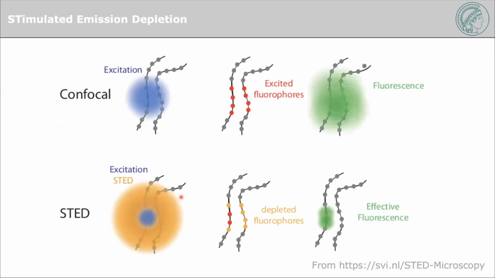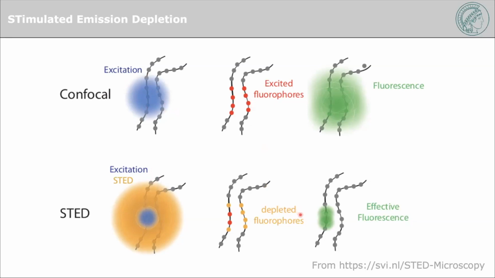So STED is a super resolution method. It's a laser scanning method, and you would normally go with a confocal beam and excite several fluorophores in the excitation beam, but due to the use of a depletion beam, which surrounds the excitation beam, you deplete or inactivate many of the fluorophores.